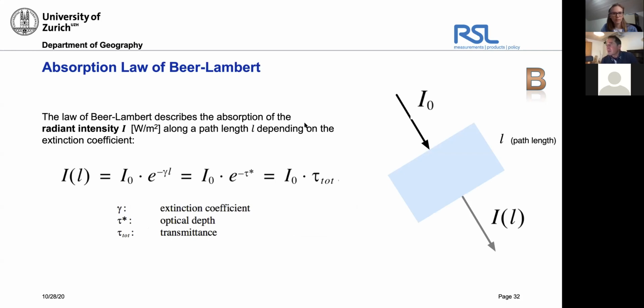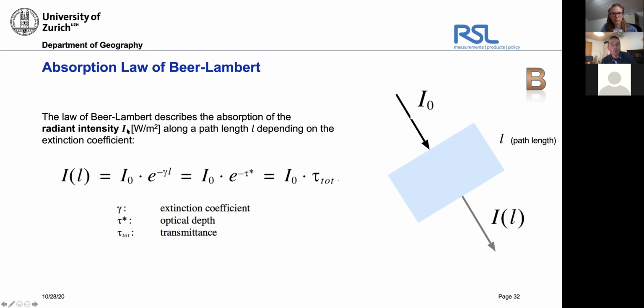The Beer-Lambert law tells us what happens if some radiance gets into a block of gas and how much is transmitted. I talked about transmittance earlier. You get a path length, a certain length of the path through which the radiance goes. Here we talk about radiant intensity. One could also use watts per square meter, the irradiance term, as well.